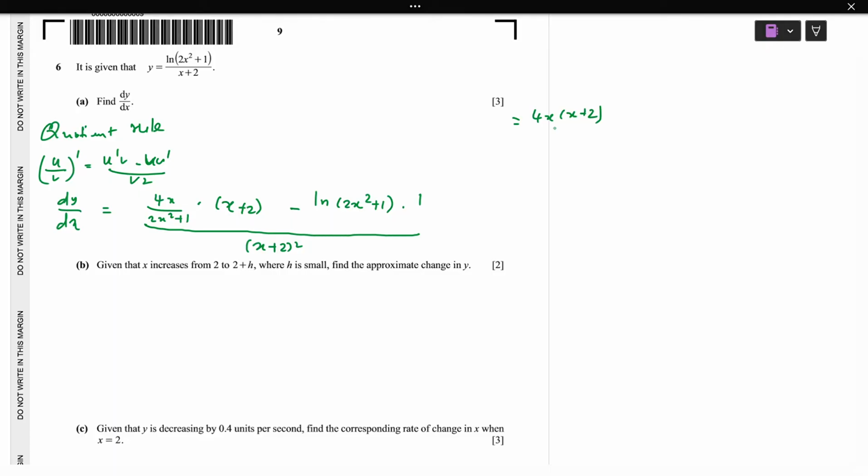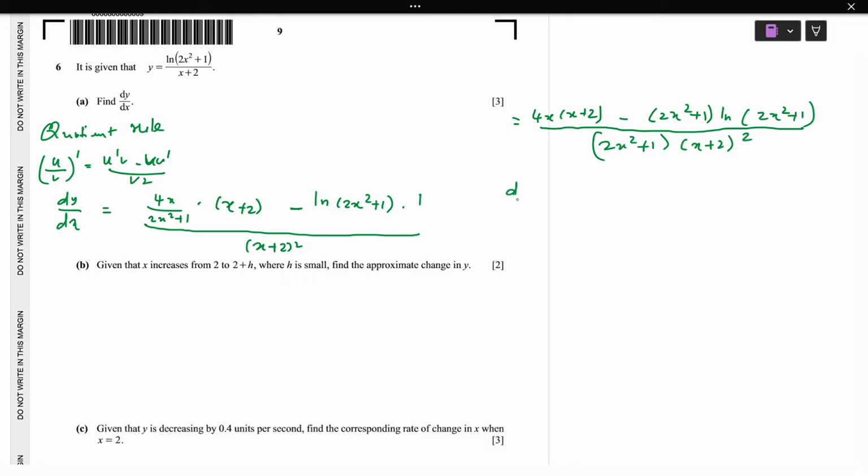I'll take the LCM, the numerator alone, because there is a negative, so I need to bring this 2x square plus 1 here, into natural log of 2x square plus 1, over 2x square plus 1 into x plus 2 whole square. This is my dy by dx.